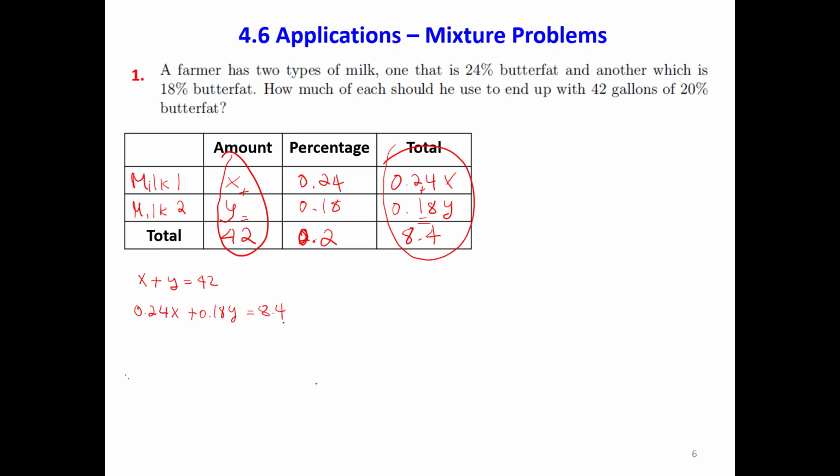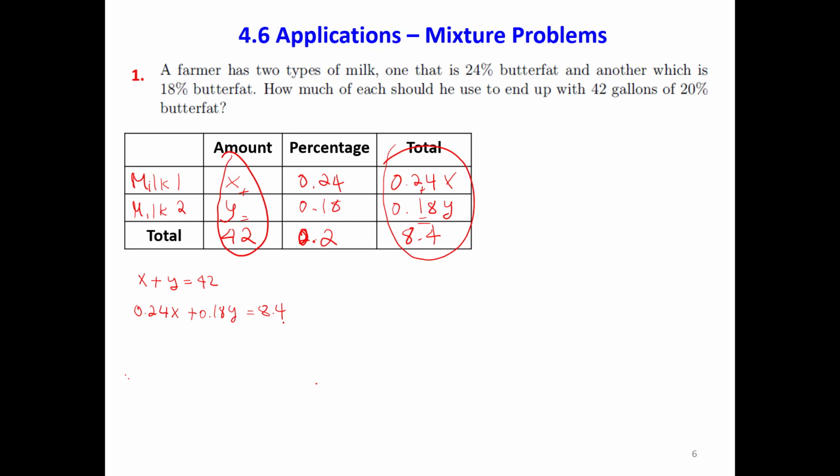Now what we have to do is solve the system of equations. Just for practice, you can solve with the method you want, but let's do this one by elimination to review this method. For elimination, the idea is to get opposites in one of the variables, and when we add the equations together, we can eliminate one of the variables.